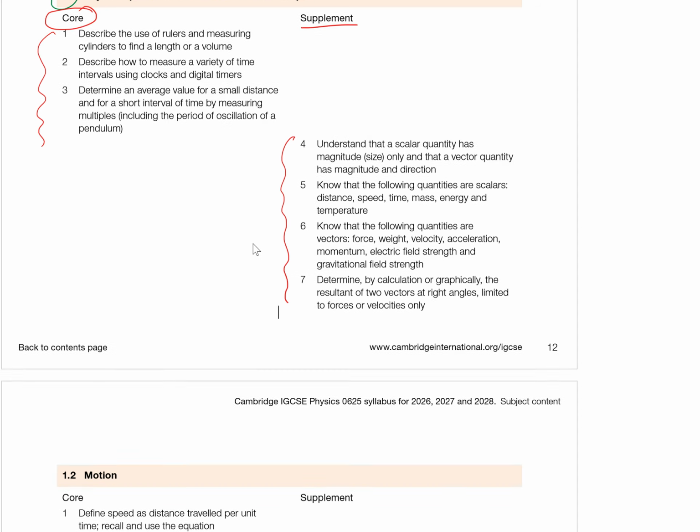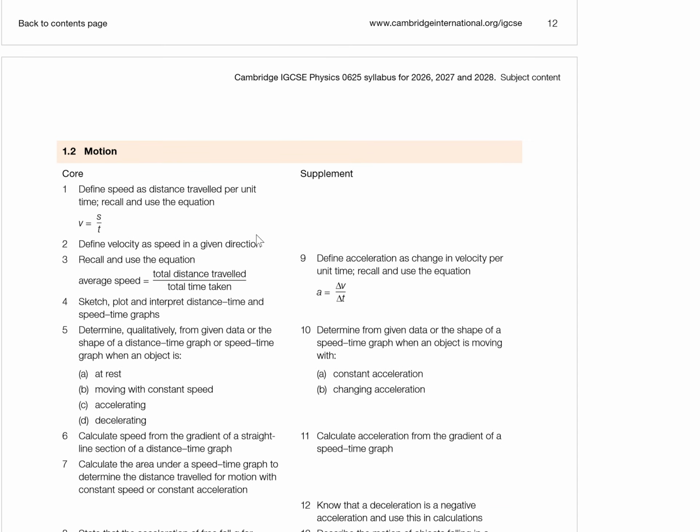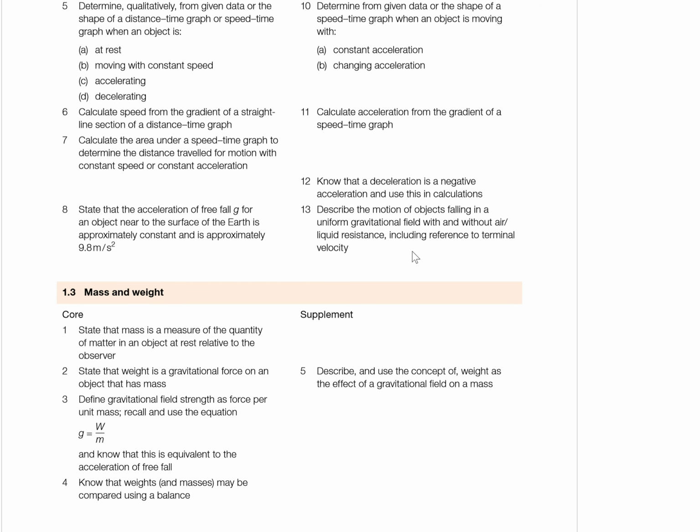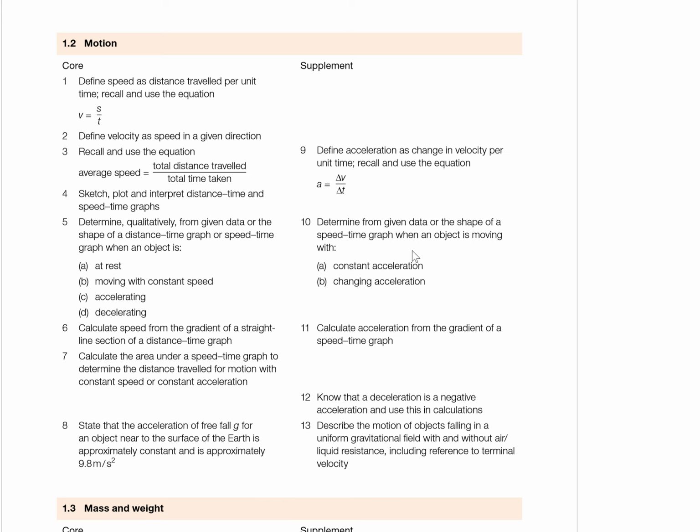You can see, as I scroll down, even for the motion you have the 2 areas of contents and learning outcomes. This is the left column, which is giving us the core contents, and the right column is giving us the extended or the supplement contents. You can see the second topic, 1.2, is motion.